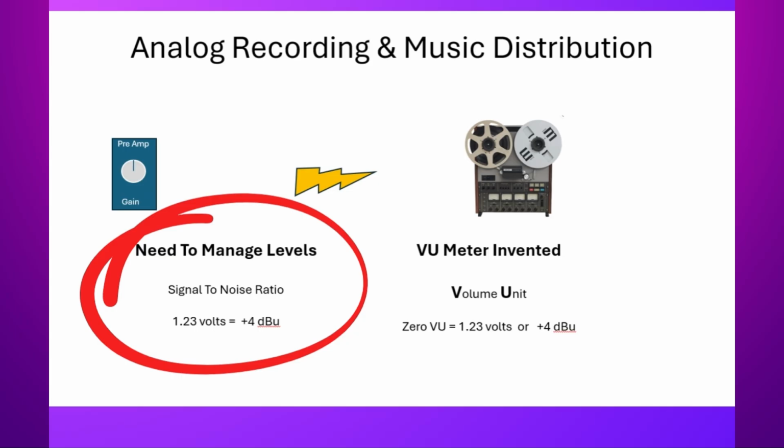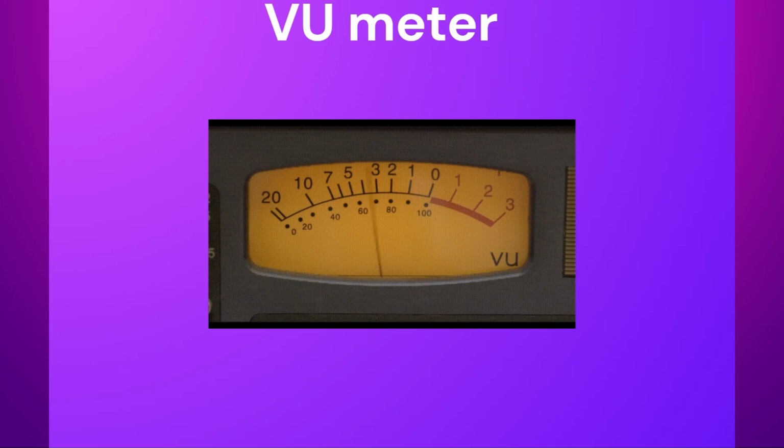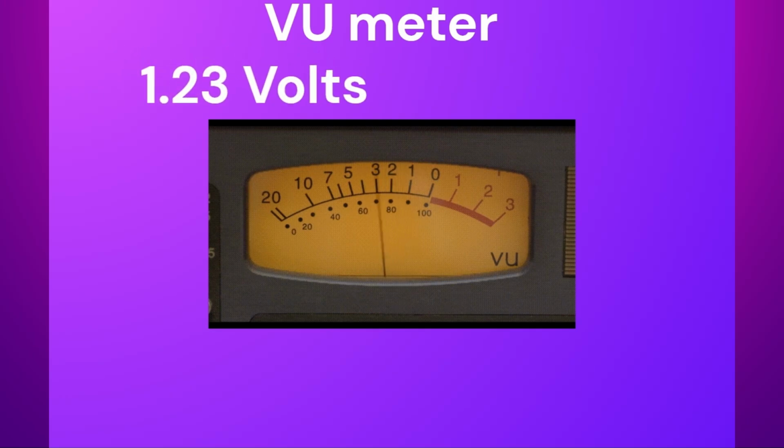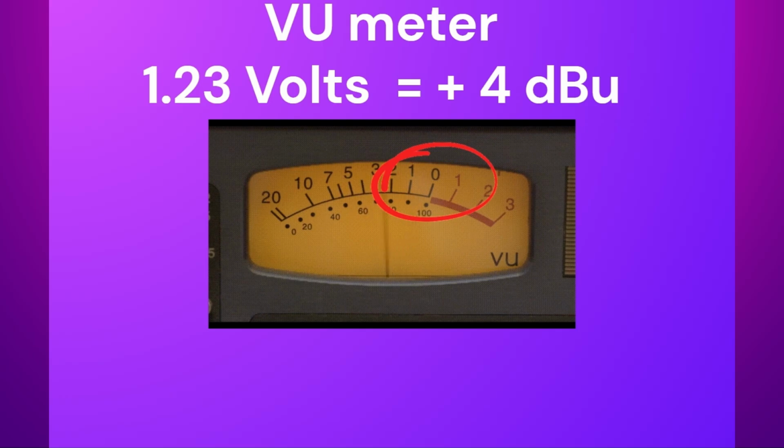And that's what they wanted to use to do their recordings. So at that point, they decided to create a meter to help manage that, and that was called the VU meter. They created a meter that would read that voltage, and they set that VU meter so that 1.23 volts, or plus 4 dB, was 0 on the VU meter.